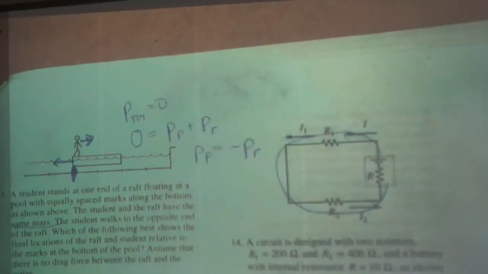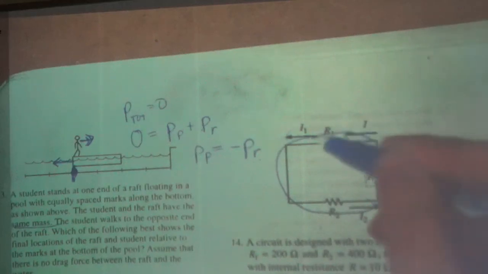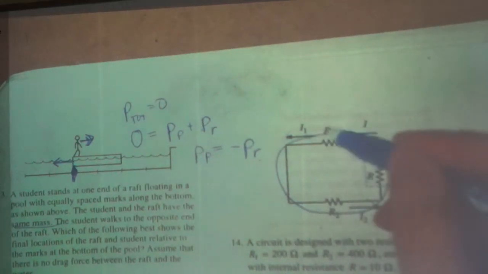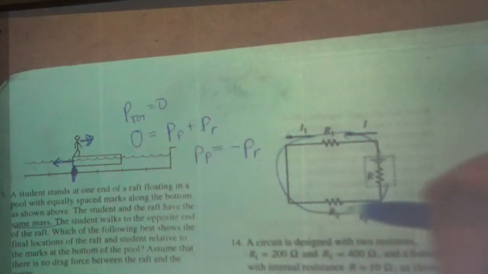Number 14. We've got a circuit that has two resistors, a 200 and then a 400, and an internal resistance, just part of the battery, of 10 ohms. We want to know the relationship between these three currents. I is the current coming out of the battery, I1 is the current coming out of resistor 1, and I2 is the current coming out of resistor 2.